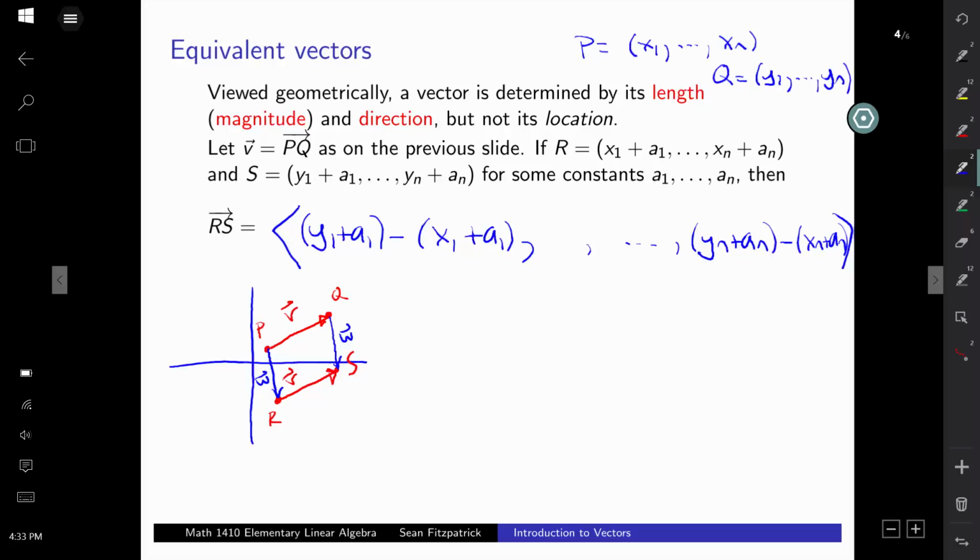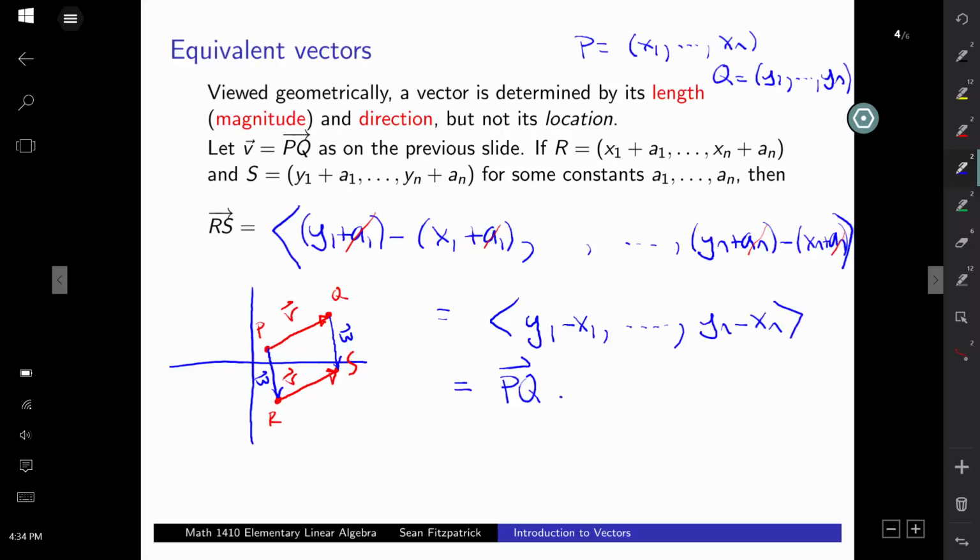And then of course, if you push that minus sign through, this is going to give you minus x1 minus a1. So those are going to cancel. They cancel all the way along, and you end up with simply y1 minus x1 all the way down to yn minus xn, and that's the vector PQ.